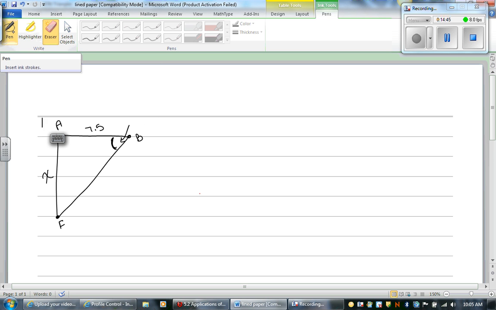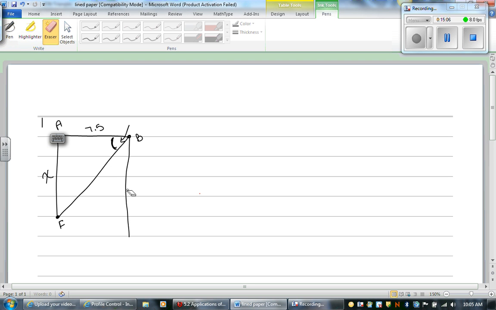Bearing. Okay, we talked a little bit about bearing before. So when we're talking about bearing, it involves a reference to a north-south line using an acute angle. So if I'm talking about a bearing, I have to go north-south being up and down. So it's got to be here. Sorry about that, guys.